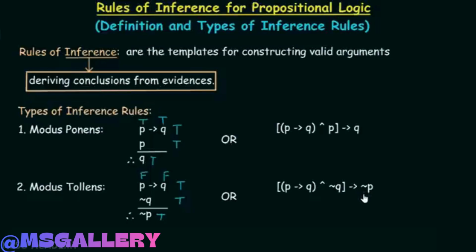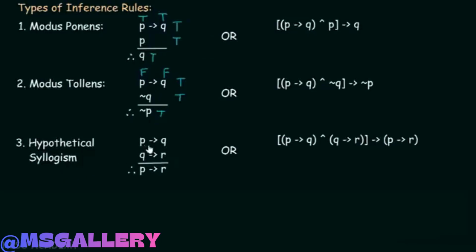Let's consider the third rule in this list, that is hypothetical syllogism. According to this rule, P implies Q, Q implies R, therefore P implies R. Now, if P implies Q is true and Q implies R is true, then P implies R has to be true. Let's try to make this P implies R false by taking P true and R false. Let's see whether we would be able to make it false or not. Now if P is true, then Q cannot be false, right?